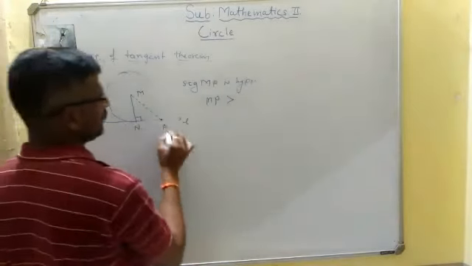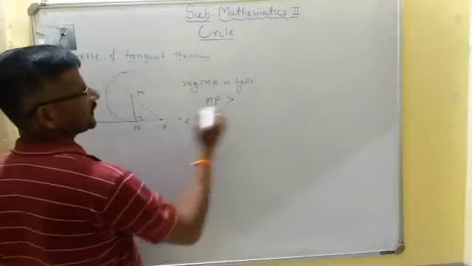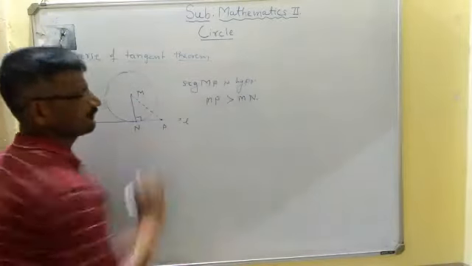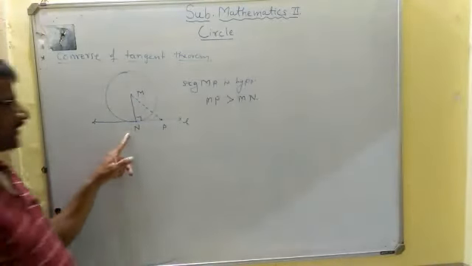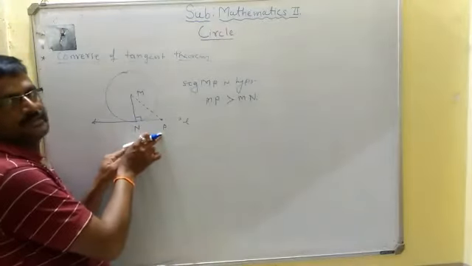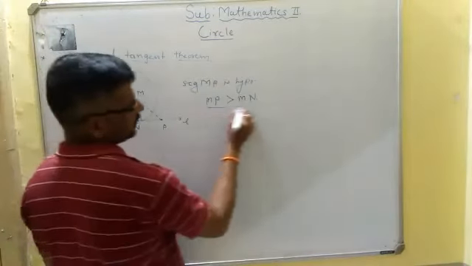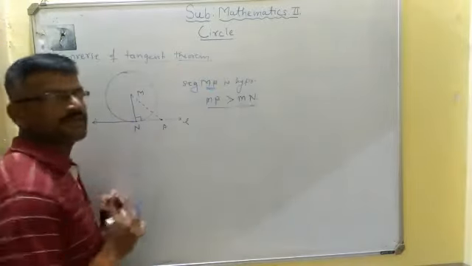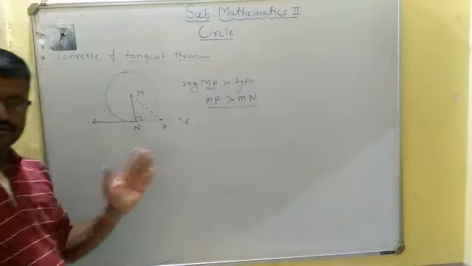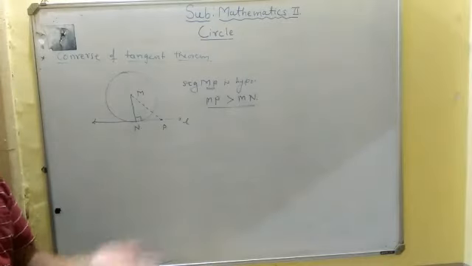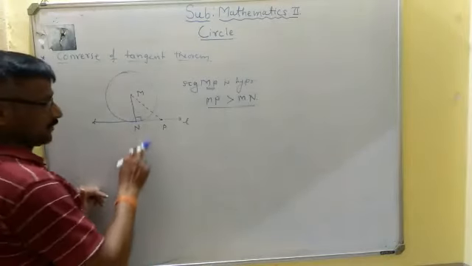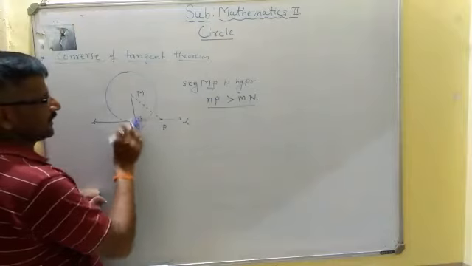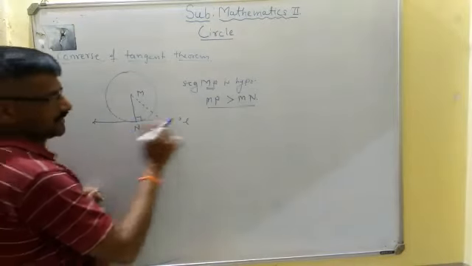That means hypotenuse MP is greater than MN. Also hypotenuse is greater than NP. आपल्याला जो आवश्यक आहे ते स्टेटमेंट मी इथे घेतो की राईट अँगल ट्रायंगल मध्ये हायपोटेनियस ही इतर साइड जे असतात त्याच्यापेक्षा ती ग्रेटर असते.